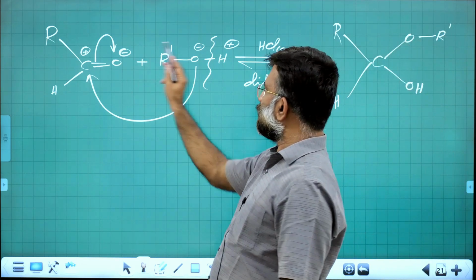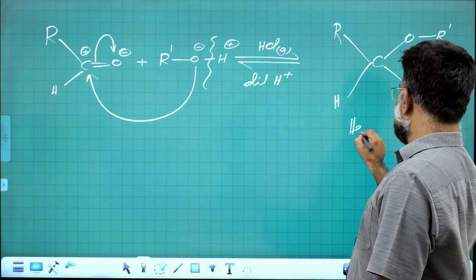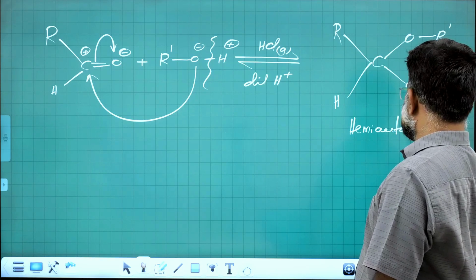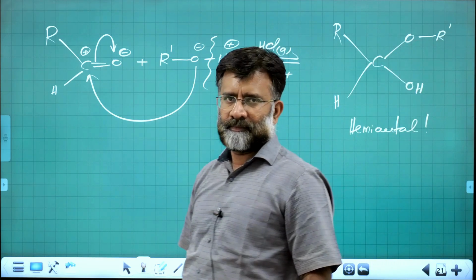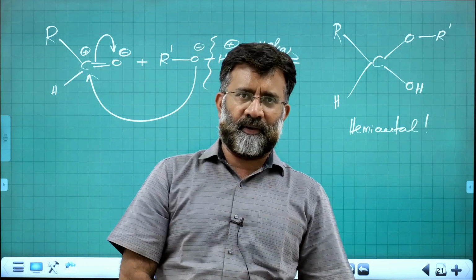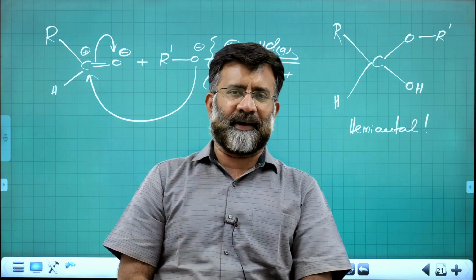This O minus will attract H plus, and this is called hemiacetal. So aldehydes react with the monohydric alcohol. If 1 mole reacts, you get hemiacetal.